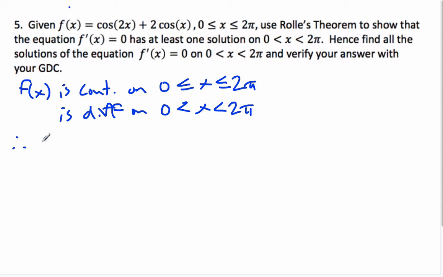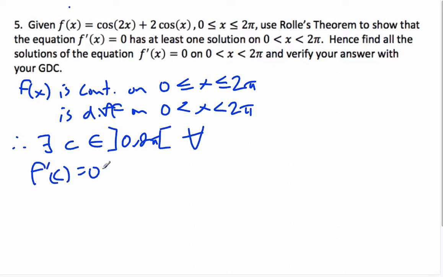Therefore, there exists c in the open interval 0 to 2 pi such that f prime of c equals 0 by Rolle's theorem.